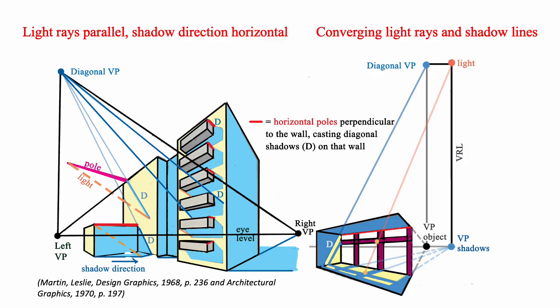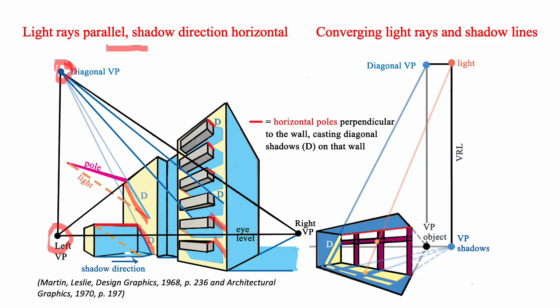In this slide, I show you two ways of using the diagonal vanishing point. This first one has light rays that are parallel and a horizontal shadow direction, so we don't know where the light is or the vanishing point for the shadows. All we know is the left vanishing point and the diagonal vanishing point. And this diagonal vanishing point is very useful if you have a lot of diagonal shadows on walls, which we have here, here, and here.